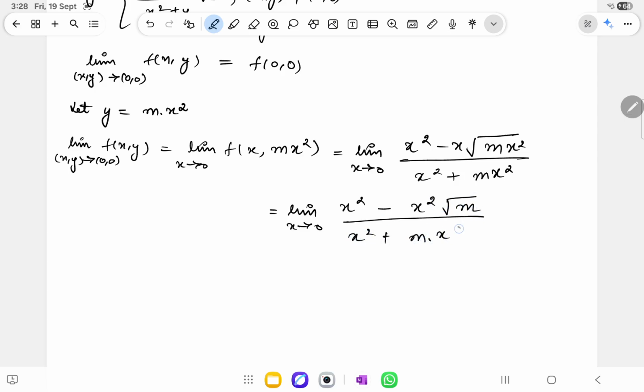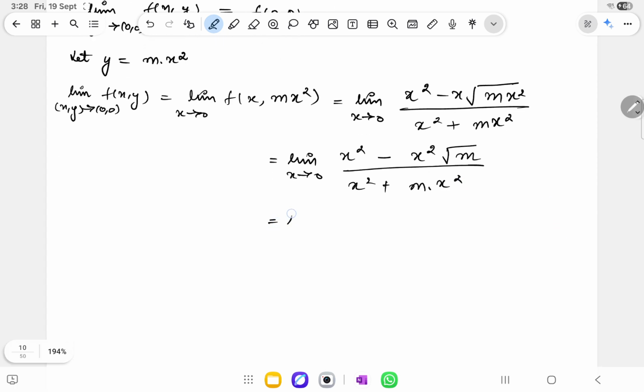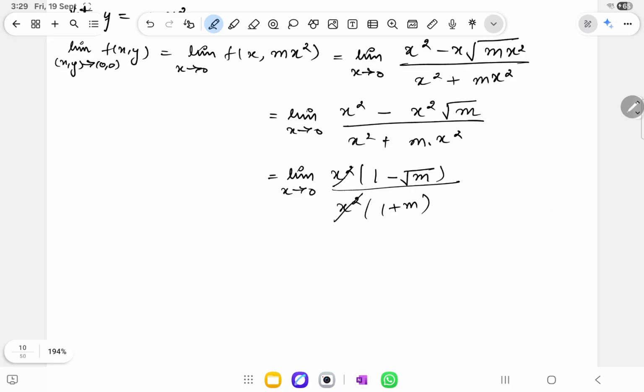I can take x square common from the numerator. It will be 1 minus under root m divided by x square times 1 plus m, and this x square cancels this. So our limit reduces to 1 minus under root m divided by 1 plus m.